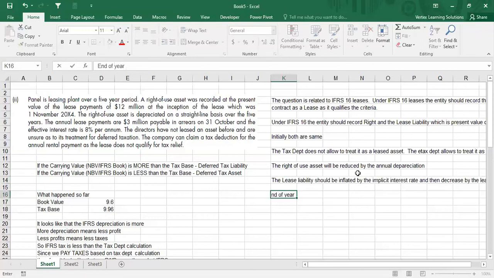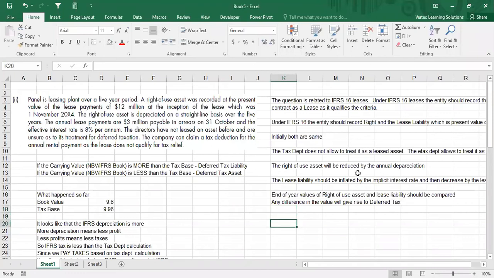End of year values of the right of use asset and the lease liability should be compared. Any difference in the value will give rise to deferred tax.